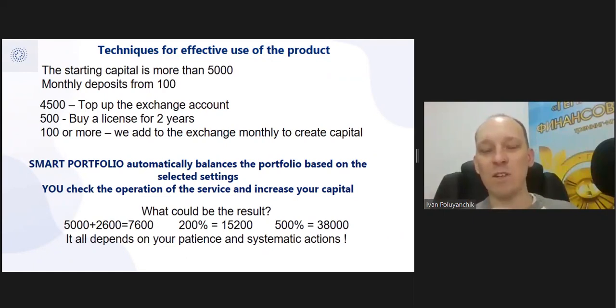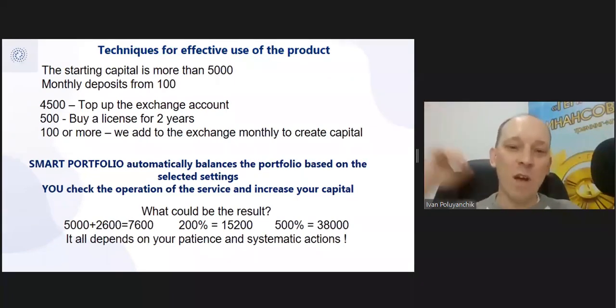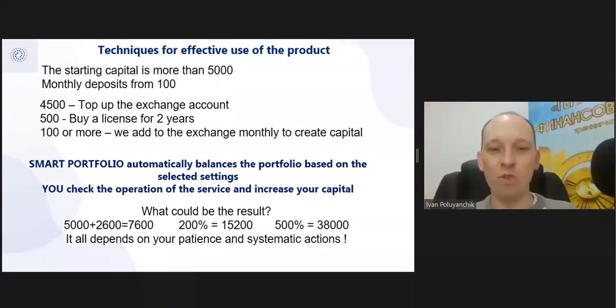But if he is patient, he may not even sell them today. He may wait even more or sell a smaller part of it. So this is the key element of this strategy, of this instrument: patience. Patience affects everything. There was a hint actually in the slide.